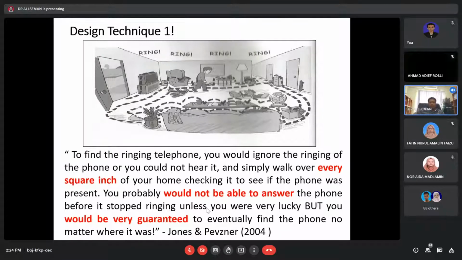Maybe you can get the phone before it stops ringing, or maybe you will be able to answer the phone. That is another issue. The issue here is whether you can find it or not with that strategy. This is how we can describe the first design strategy.